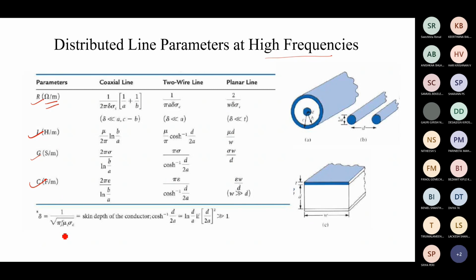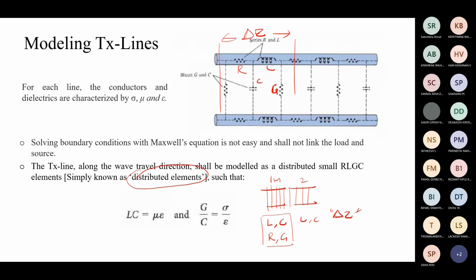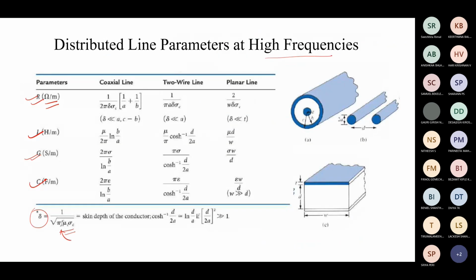And in order to calculate this R and G, they introduced the skin depth as well, which depends highly on the frequency. When the frequency is very, very high, the skin depth will be very low. Therefore the resistance and the conductance behavior will completely change. Of course, the inductance and capacitance also will change.